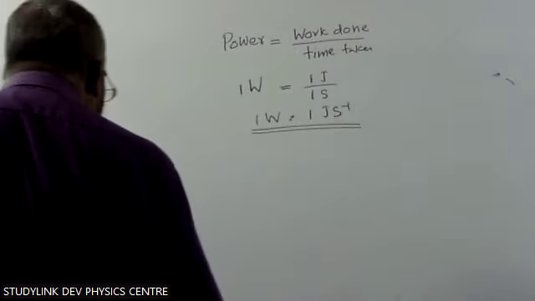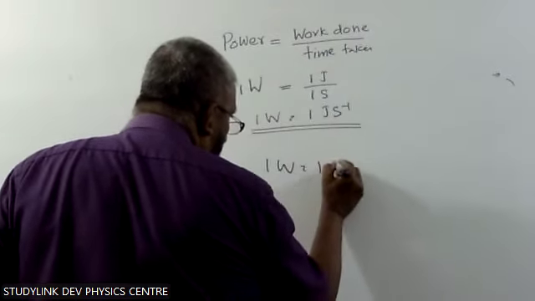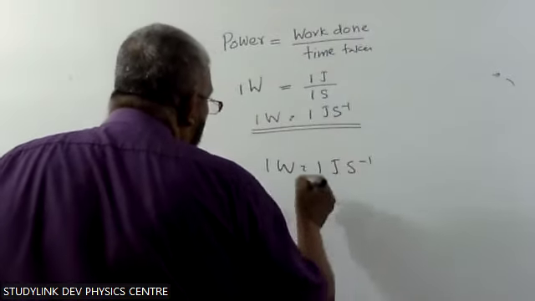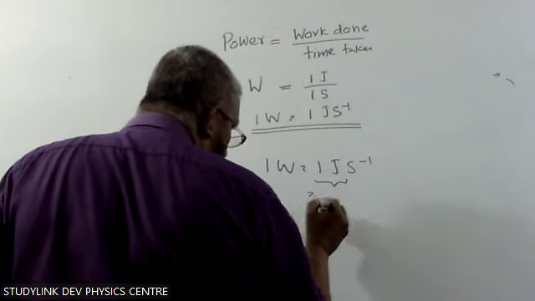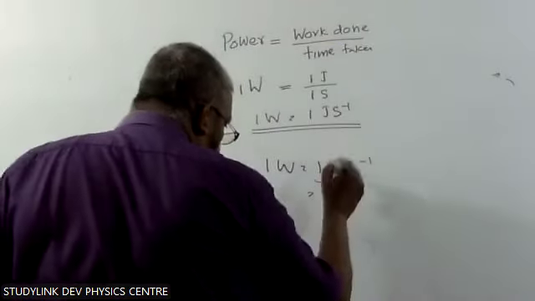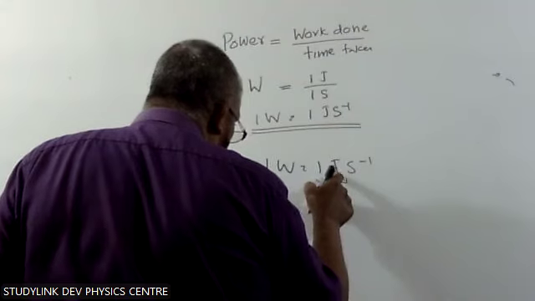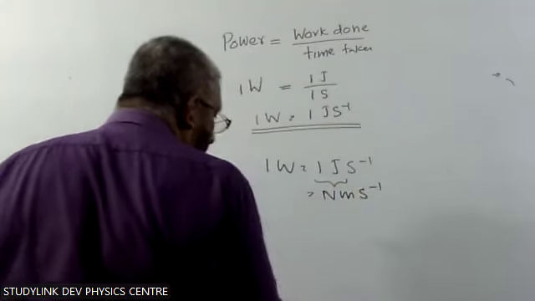That also can be written in the other way. 1 watt is equal to 1 joule per second. So 1 joule is equal to, what is joule? Newton meter. We wrote it earlier. Newton meter per second.